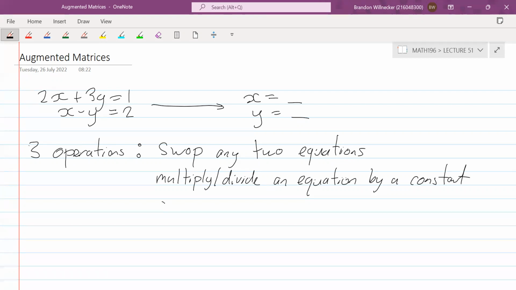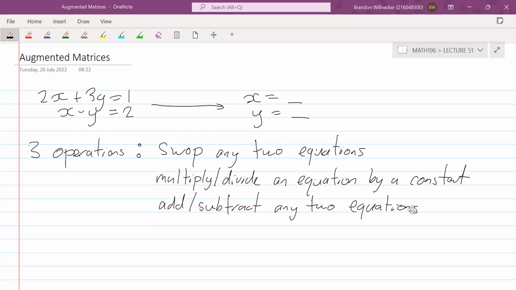And lastly, add or subtract any two equations. So those were the three operations that we allowed.